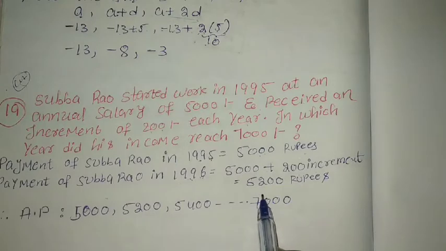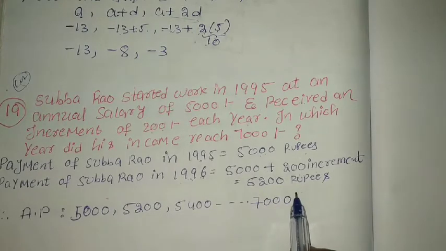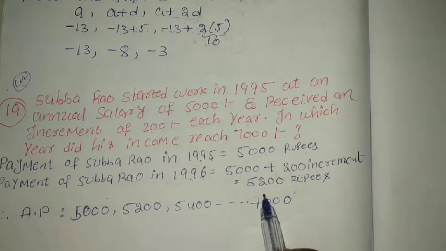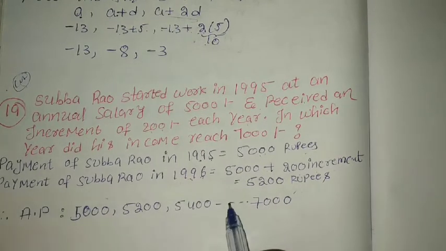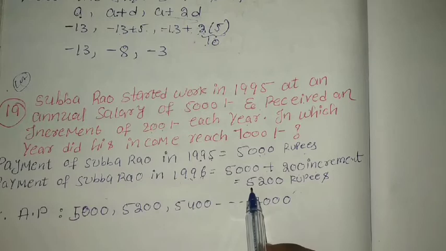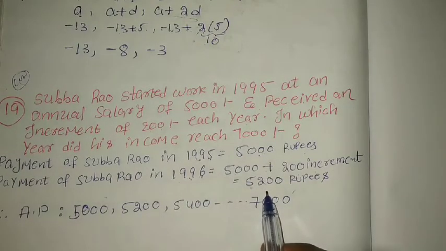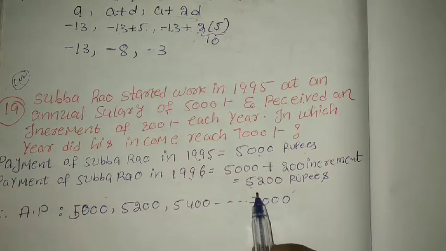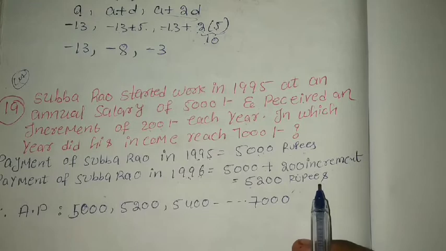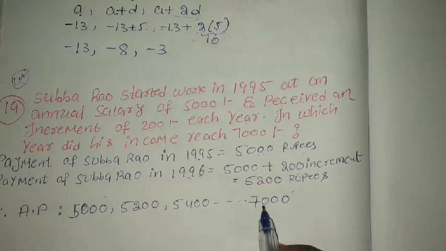That is 5,200 rupees. And what about next year? Again you have to add 200 in the year 1997. So we'll get 5,400 plus 200, 5,600 we will get.